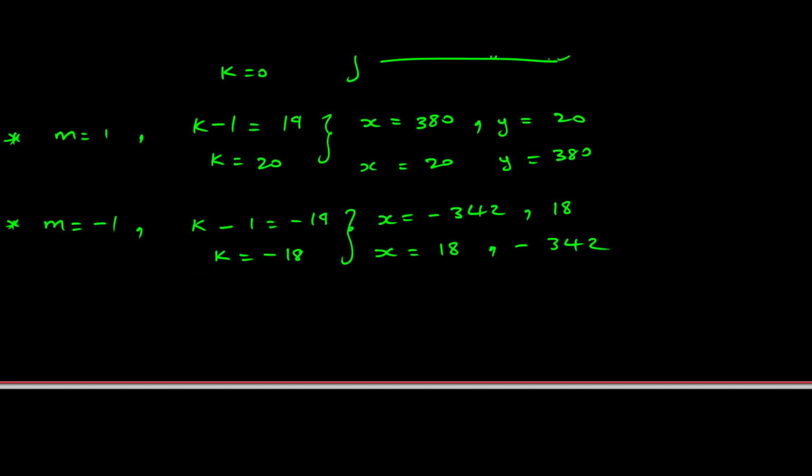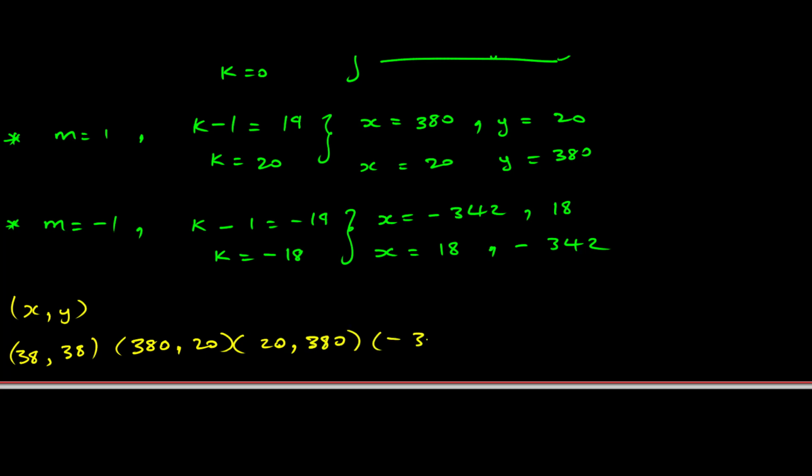So our final answer would leave us with 5 possible integer solutions for x and y. So x comma y would be in the form of 38 comma 38, 380 and 20, or 20 and 380, negative 342 and 18, or 18 and negative 342.